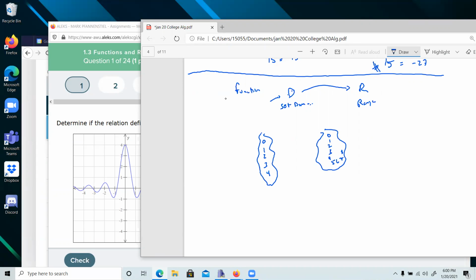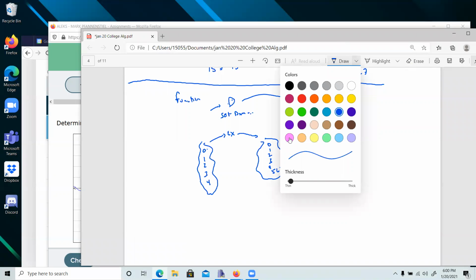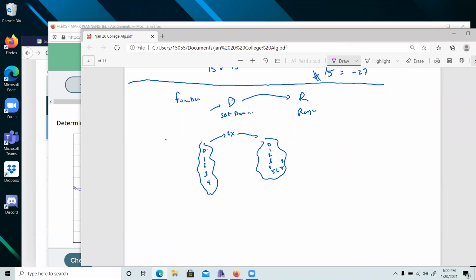If I wanted to say my function is 2x, we're just going to double it, we would be able to map 0, twice 0 is still 0. Twice 1 is 2. Twice 2 is 4. This would be 6. And this would be 8. This would be a function.